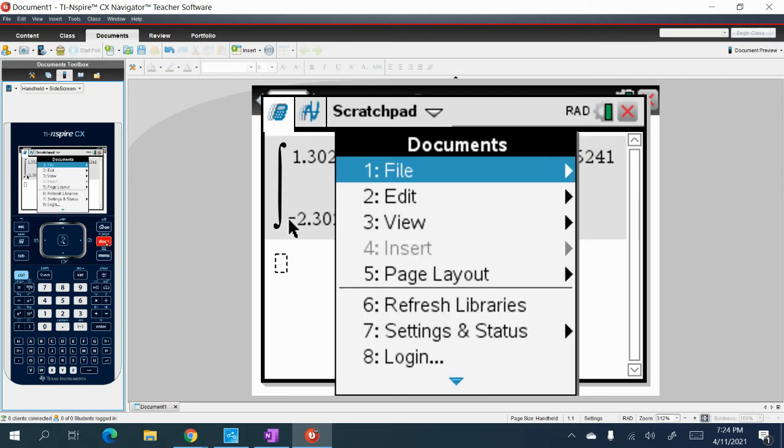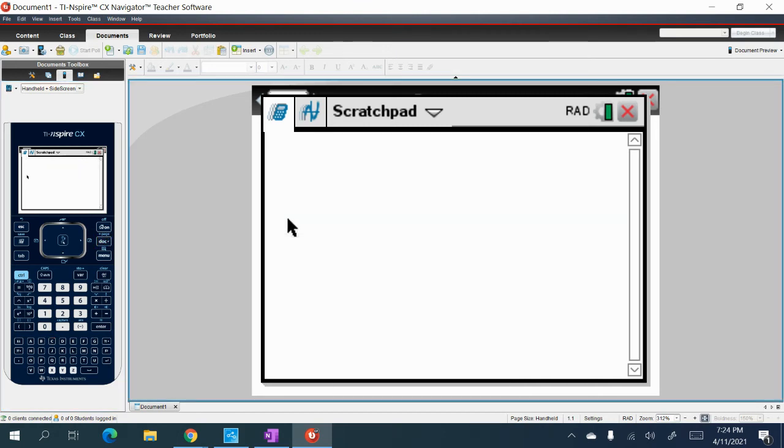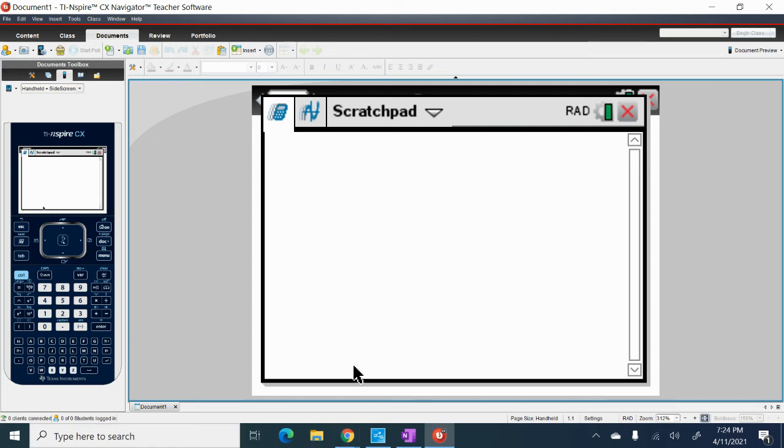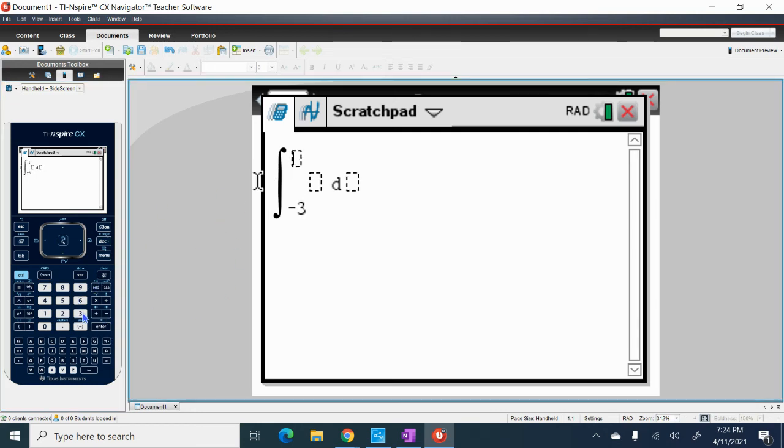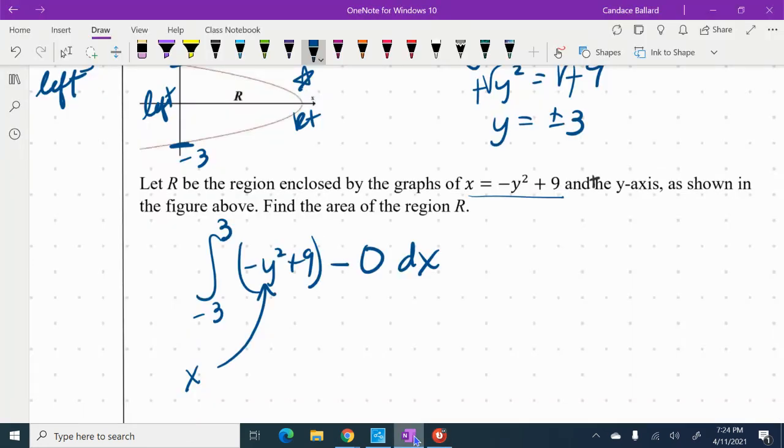I'm going to doc b what I've got, doc b. Okay, since it's a simple one and I've already got my bounds, I'm just going to type it in here. So shift plus, and I know I'm going from negative 3 to 3. And then my equation was negative y squared plus 9.